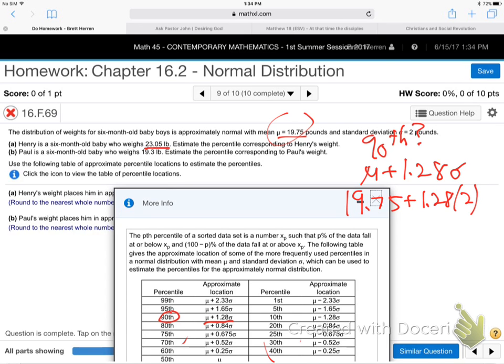What is that? 2.56, so 22-point-something? Let me get that number. I'm getting more guessy here. I'm not sure. I'm probably wrong. What's the number? Oh, okay.